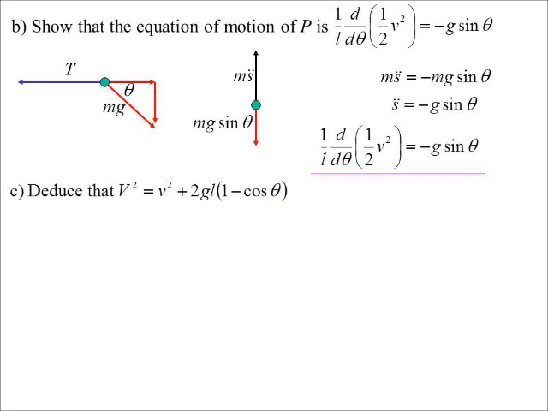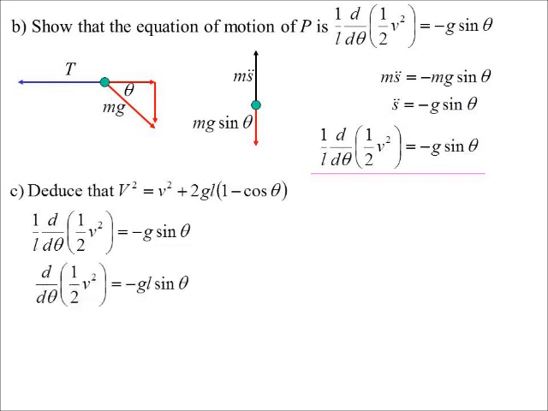From this, we're going to deduce that capital V squared is little v squared plus 2gl, 1 minus cos theta. We now know 1 on L d/dθ of half v squared is minus g sine theta. So dθ, I just multiply by L, basically. If I integrate both sides, I'll get a half v squared is gl cos theta plus some constant.